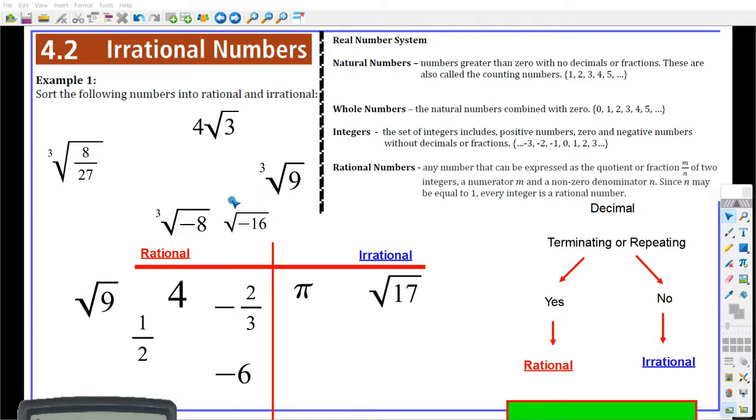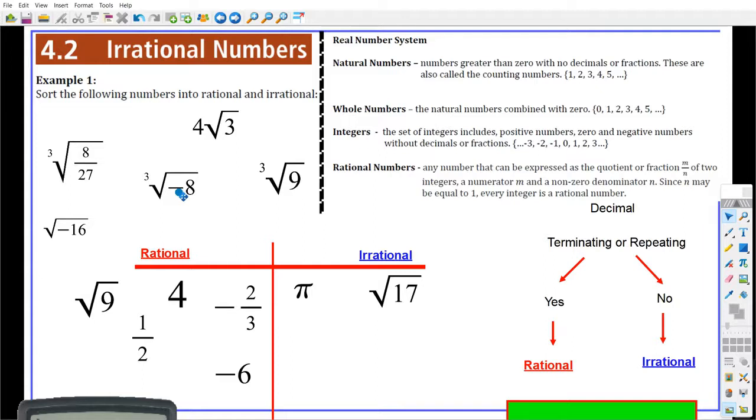What else we got? Square root of negative 16. I think we're going to save that one at the end. Cube root of negative 8. So we put this one in here on purpose because it looks a little different than what we're used to. So if we have the cube root of a negative number, we're asking, is there a number that we can multiply by itself 3 times to get negative 8? Well, 2 times 2 times 2 is 8.